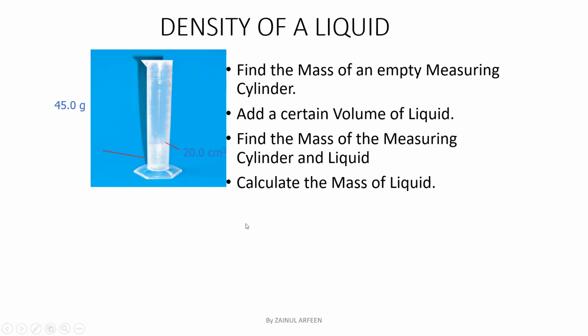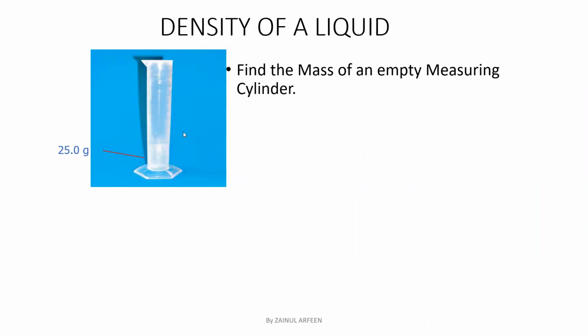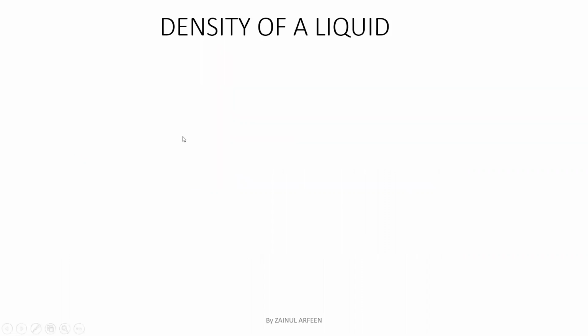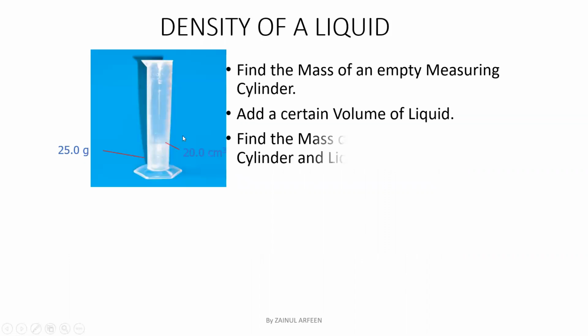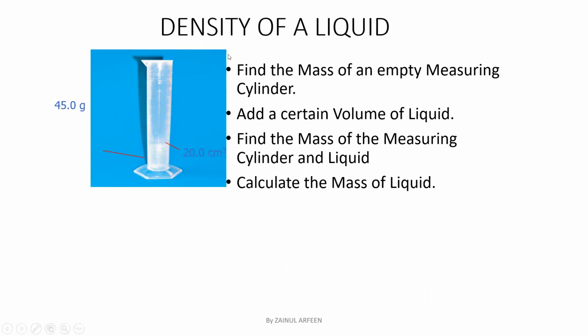So how do we get the mass of the water inside the measuring cylinder? Originally the empty measuring cylinder was 25, and the filled measuring cylinder is 45. So what is the mass of the water inside?